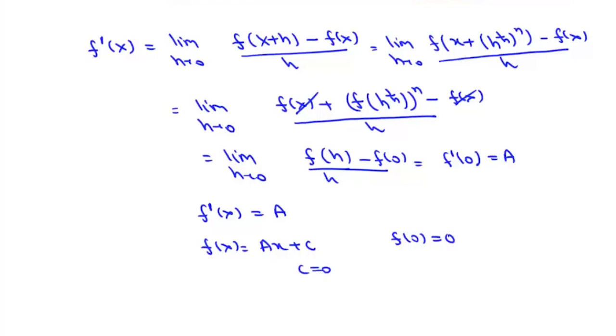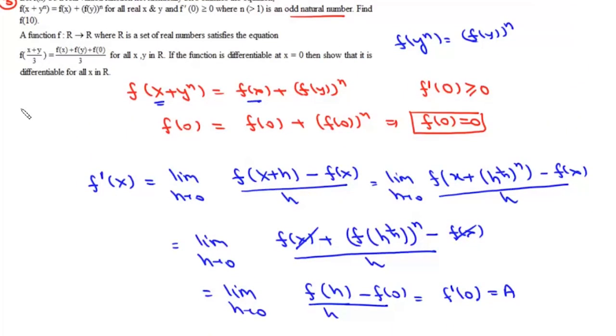So we'll again go back to the equation. If we put x as 0 and y as 1, we can write f(1) will be equal to f(0), which is 0, plus f(1) to the power n. So from here we'll get either f(1) is 0 or f(1) is 1.